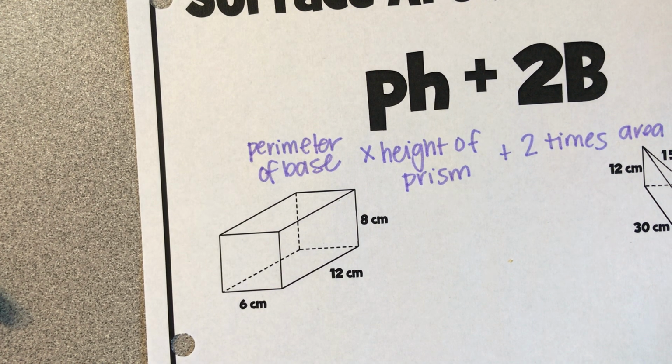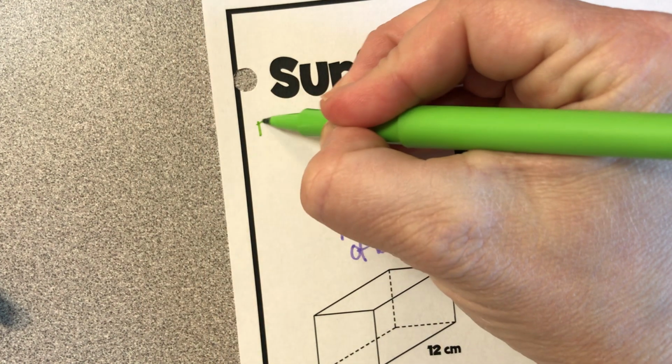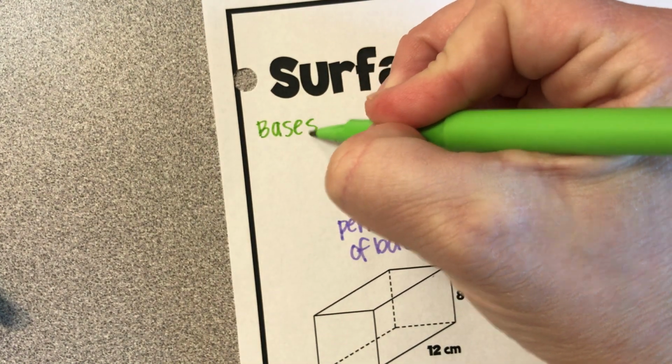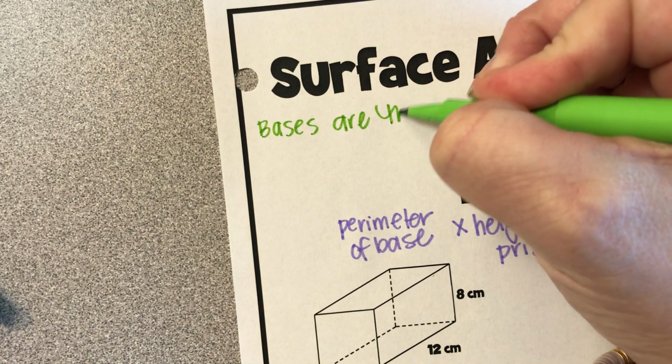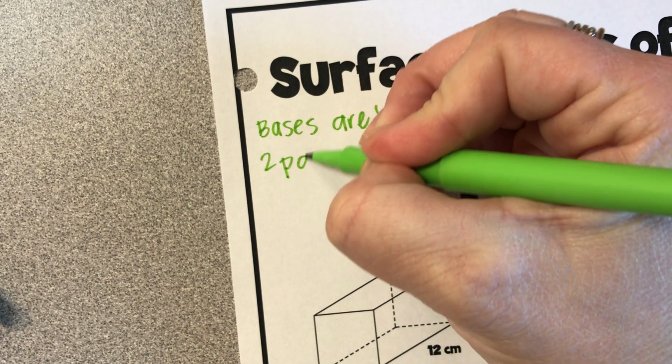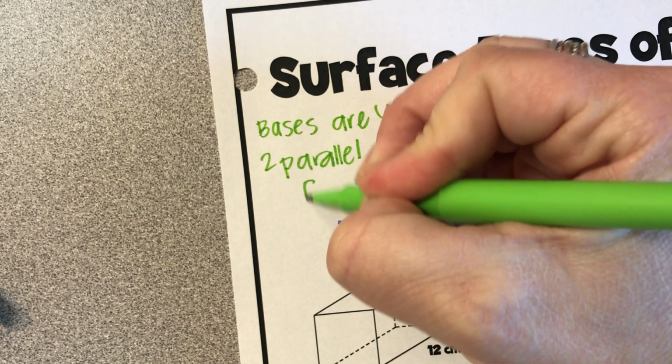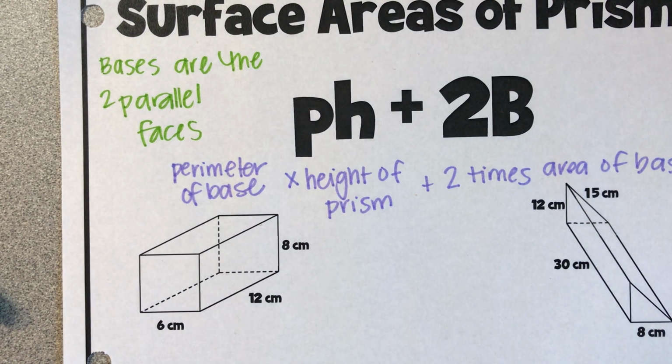Bases are the two parallel faces. Let's write a note about that. Bases are the two parallel faces. That's an important note. So what I like to do when I find the surface area of prisms is I like to identify what is the base.